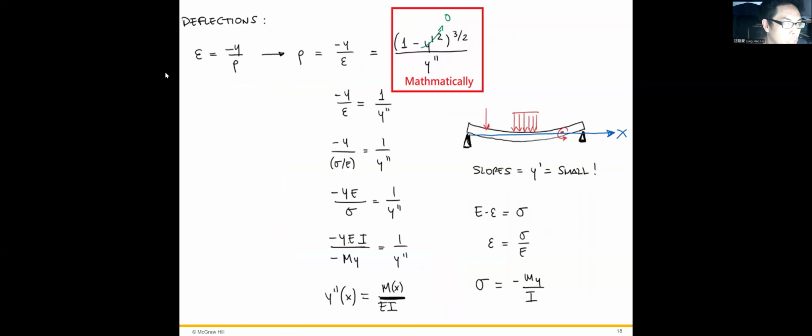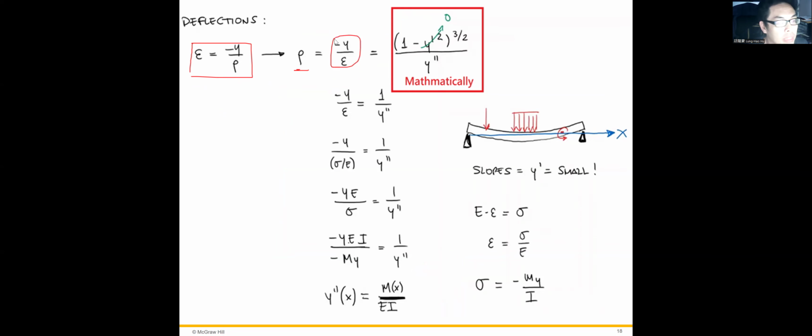Okay, deflection. When the beam is subjected to pure bending, where is the maximum deflection? So we already know the strain is defined as minus y divided by the radius of curvature, and the radius of curvature equals minus y divided by the strain.